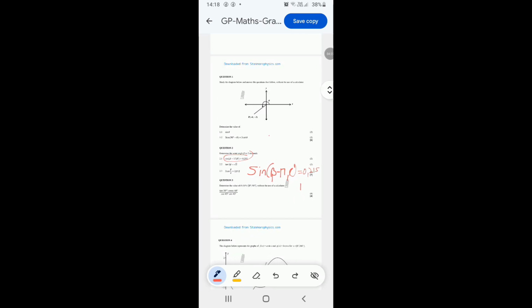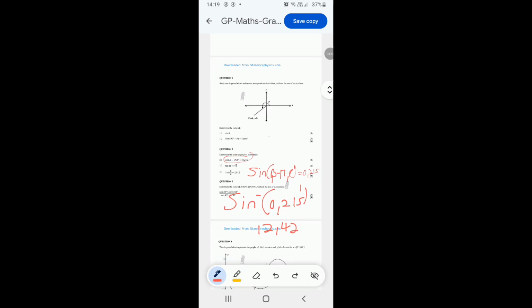So we'll say sine shift on your calculator and punch 0,215. We are going to get 12,42 degrees, to 2 decimal places.